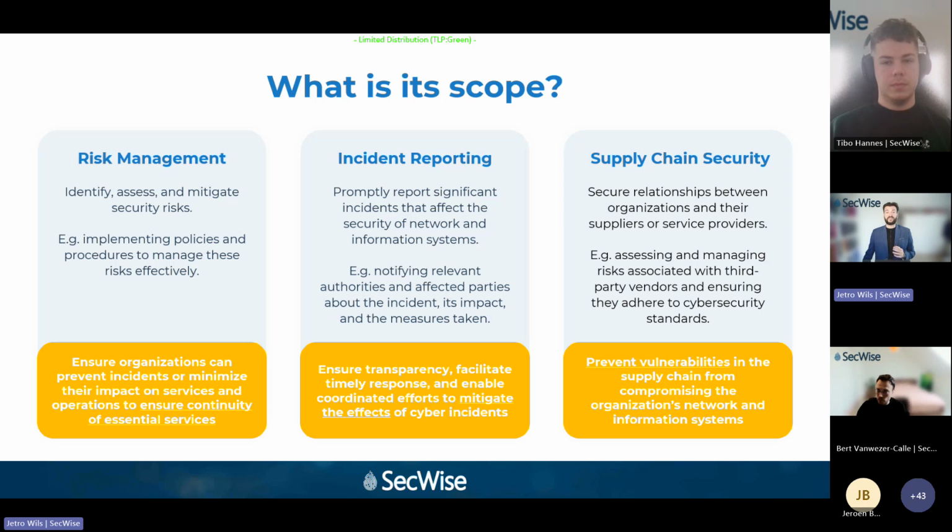So NIS2 is not a one-shot project. It is instilling or implementing the mindset in an organization of continuous awareness and risk assessment on cybersecurity, right? So it is continuously looking at what are the weaknesses, what are the vulnerabilities, what are my risks, evaluating those risks, making an action plan in the organization, and then implementing that action plan.